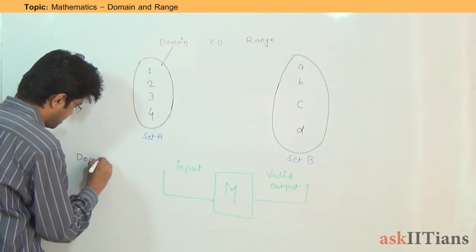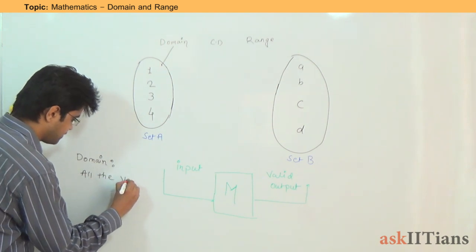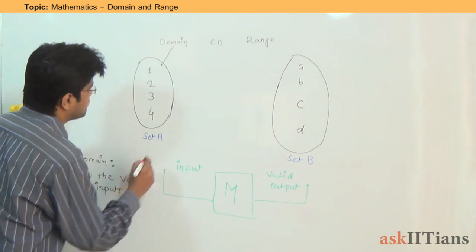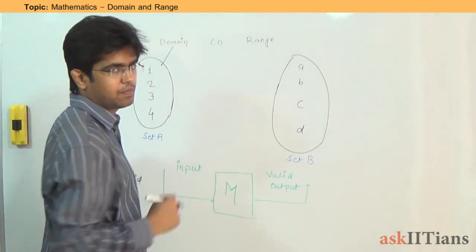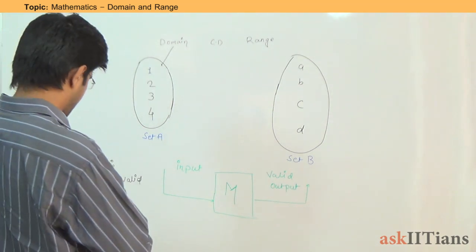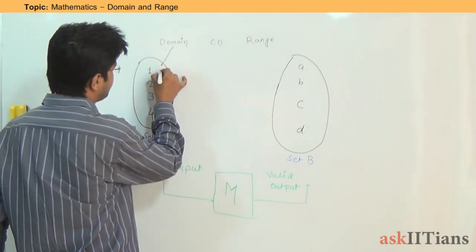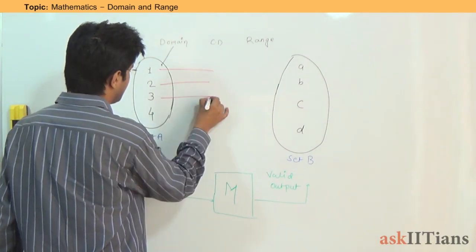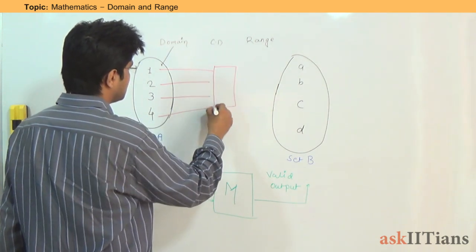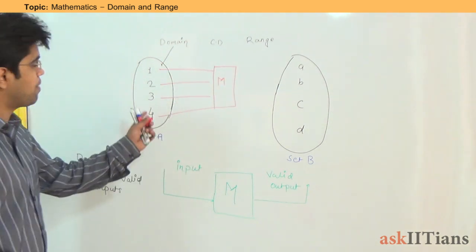Domain is all the valid inputs. Now suppose that this relation is a machine, so I can say that each and every element of this set A is mapping to some element. We have to map each and every element.